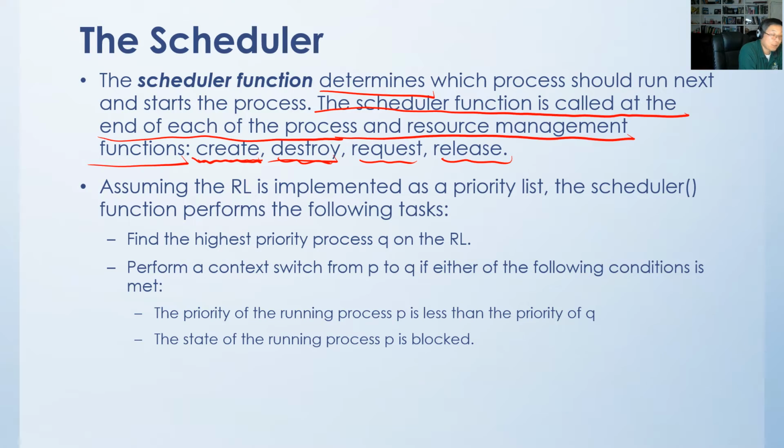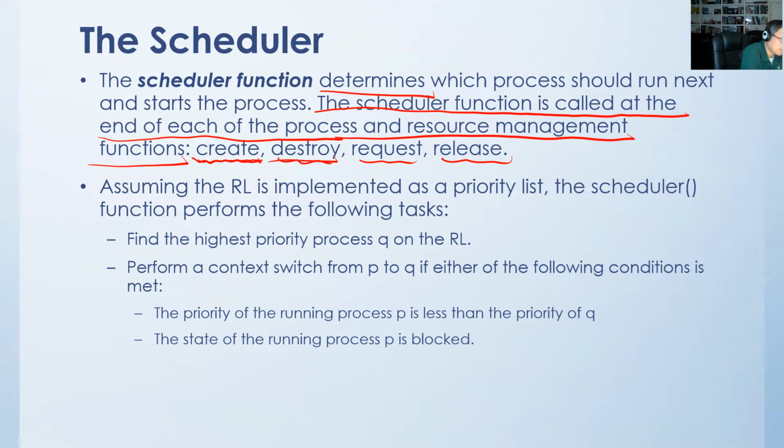The destroyed process may be the process that's currently running, right? So who knows? Once the process is destroyed, the situation has changed. So the scheduler function needs to reevaluate all the processes and decide who's going to run next.